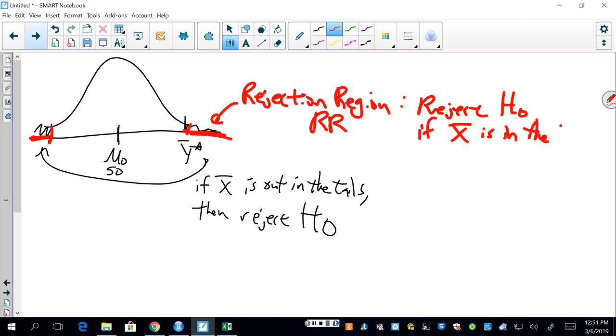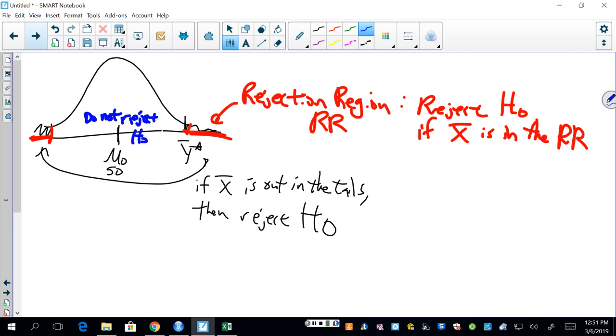On the other hand, if X bar is in here, we're not going to reject the null hypothesis.